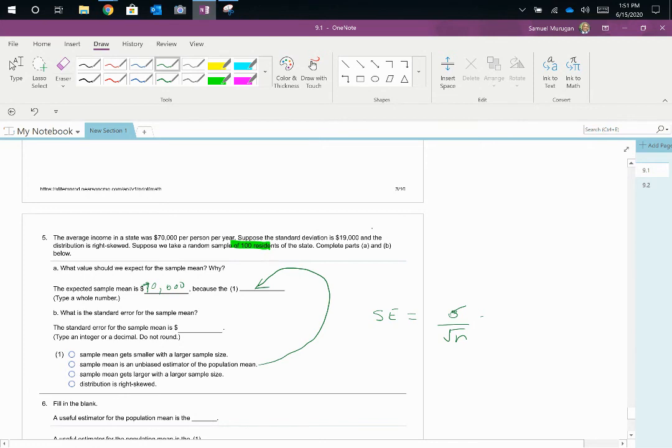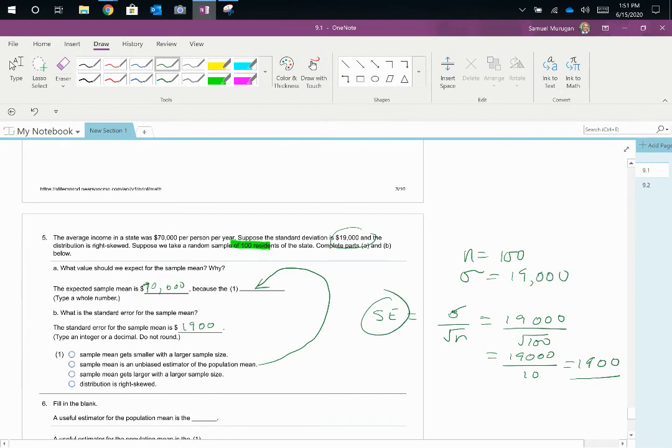The standard deviation sigma is 19,000, and the square root of 100 is 10, so 19,000 divided by 10 is equal to 1,900. N is equal to 100 and sigma is equal to 19,000. So standard error is given by that little formula right there.